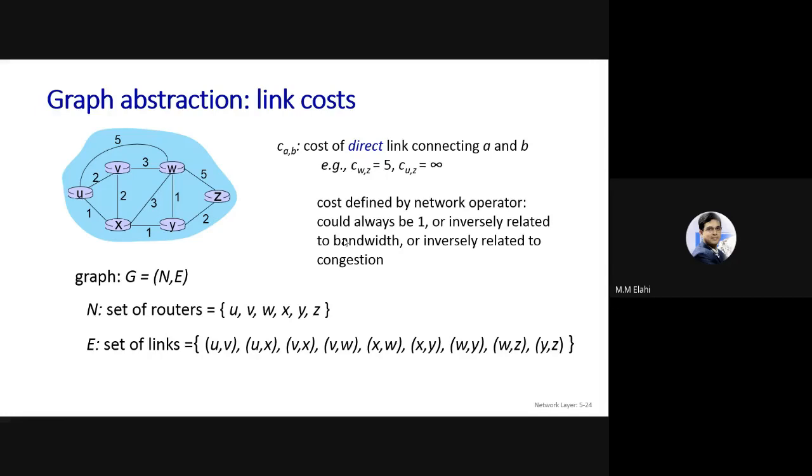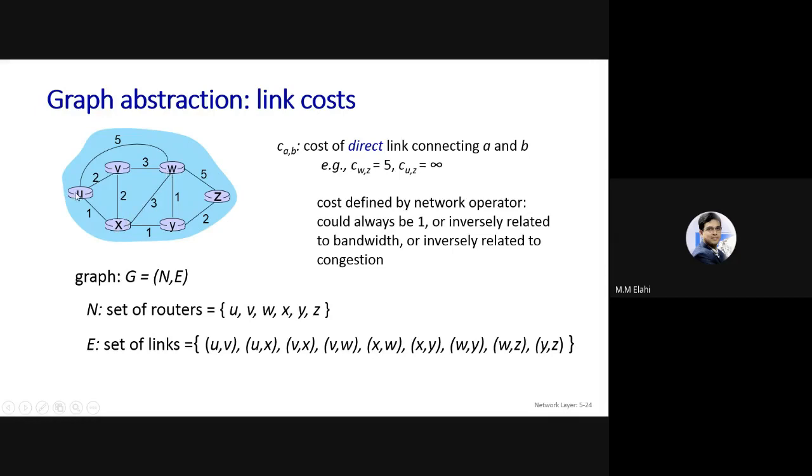Whenever we write C(U, V), that means the direct cost from U to V. When you write C(U, W), that indicates the direct cost from U to W. But if you follow U to X, then X to W, the cost is 4. So that is the lowest cost. Instead of going directly, you can go from U to X to W.